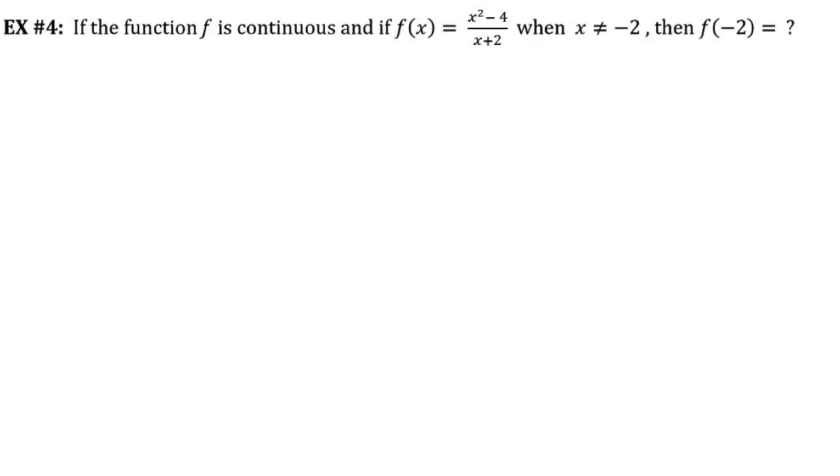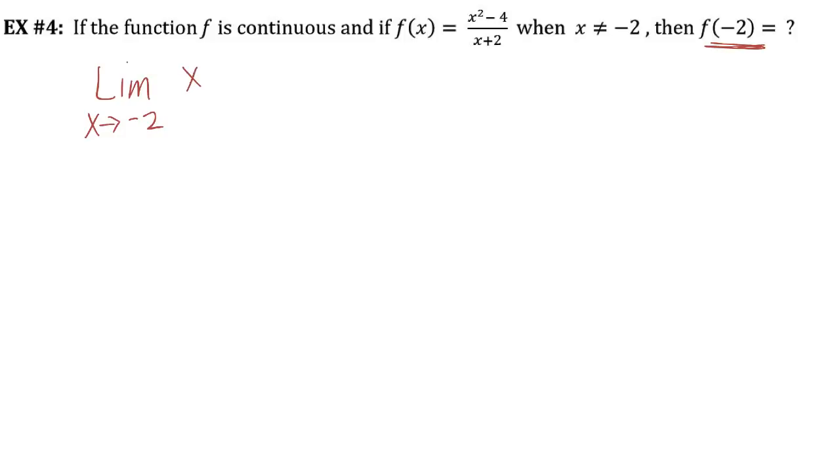Okay, if the function f is continuous and if f of x equals all that when x doesn't equal -2, then f at -2 equals what? Well, let's think about this in terms of limits. So let's say the limit as x approaches -2, because I'm wanting to know an idea of what the actual value is.